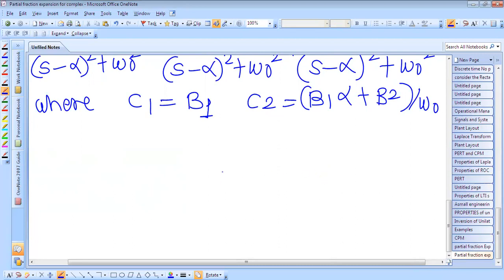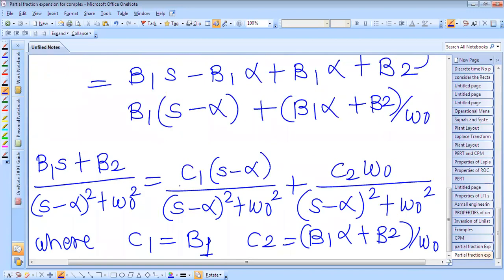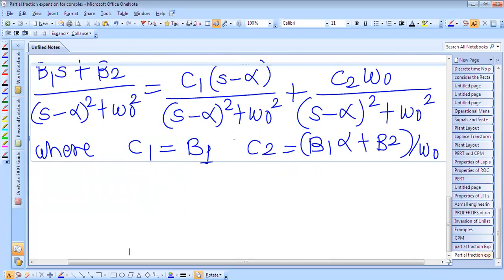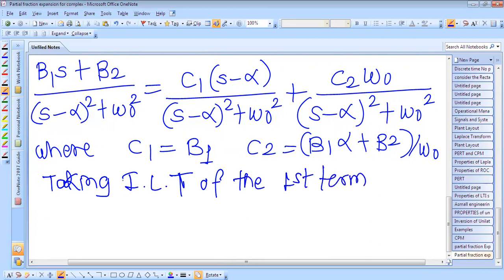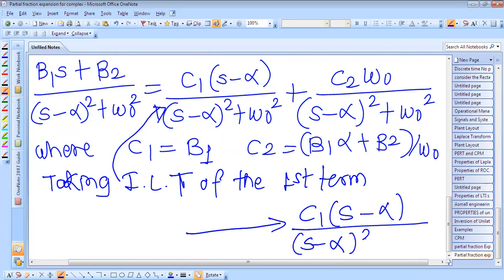Now we can take the inverse Laplace transform of these two terms, the first term and the second term. Taking the inverse Laplace transform of the first term: this is actually the standard form of the Laplace transform.